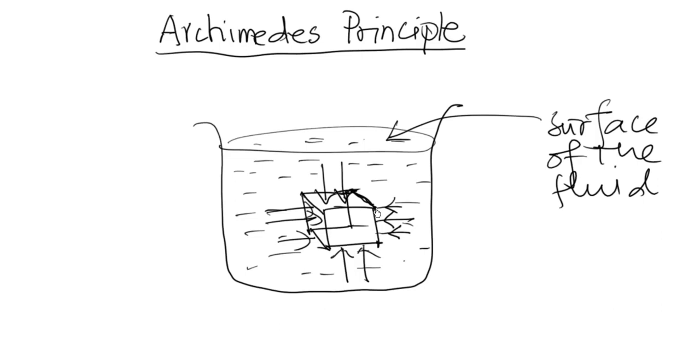The fluid exerts forces on all the 6 surfaces of the block. Okay, this is the metal block. The forces exerted on opposite sides of the block cancel each other, so these forces will be cancelled with these forces because the heights are the same from the surface of the fluid.